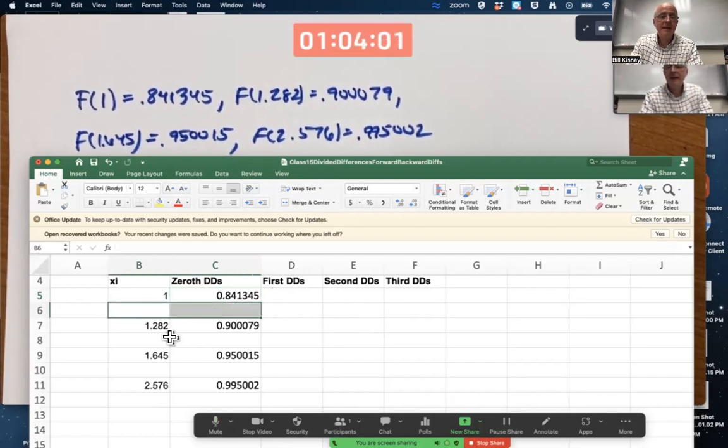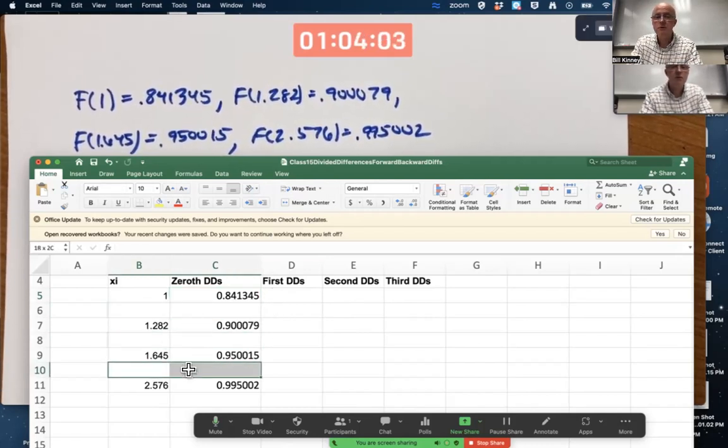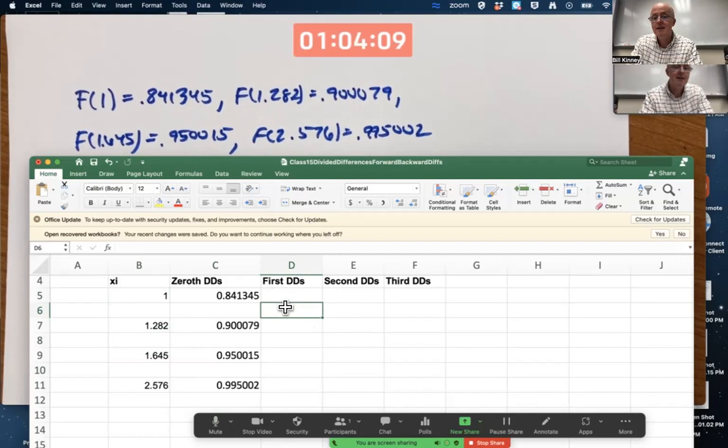Notice I'm putting spaces between these rows. It is more convenient, certainly with divided differences, to do that so that for the first DDs, you can put the numbers in the previous spaces, the rows that didn't have anything in them before. So for this first DD, this is actually easier than Neville's method.